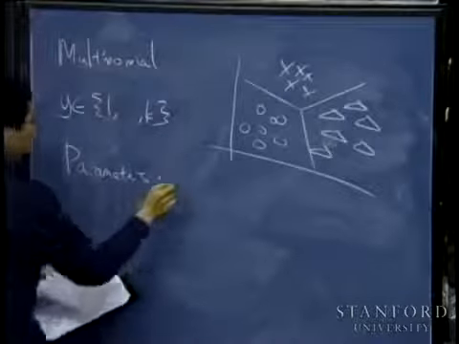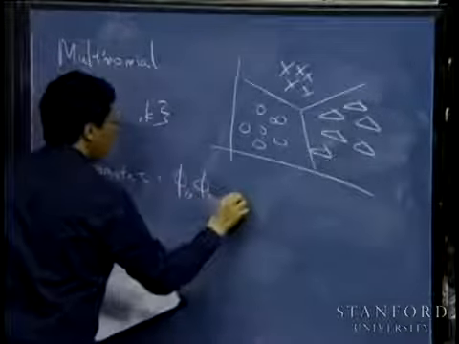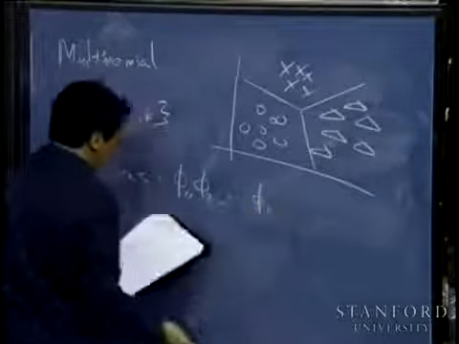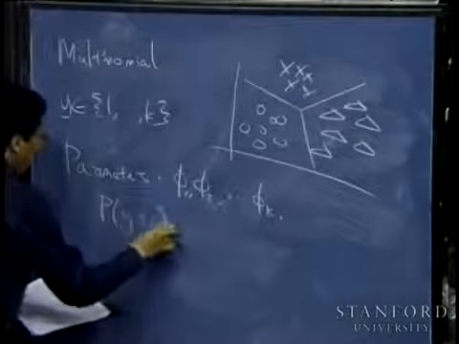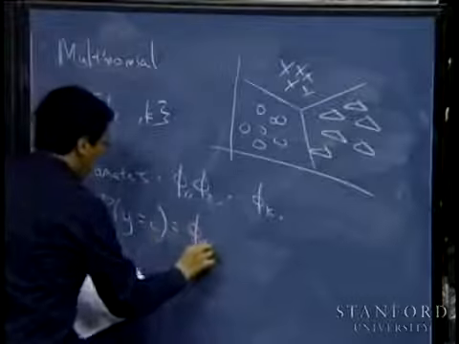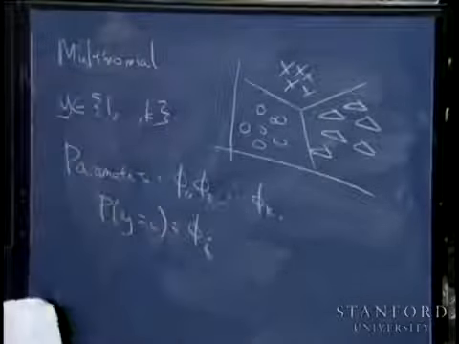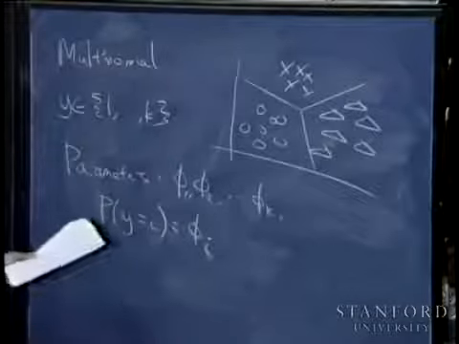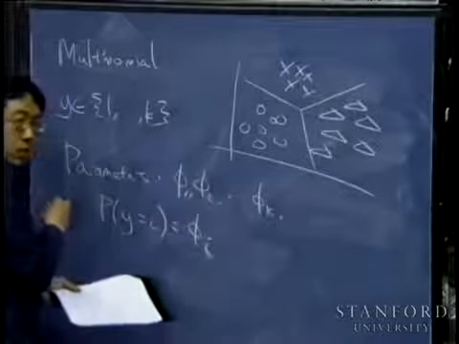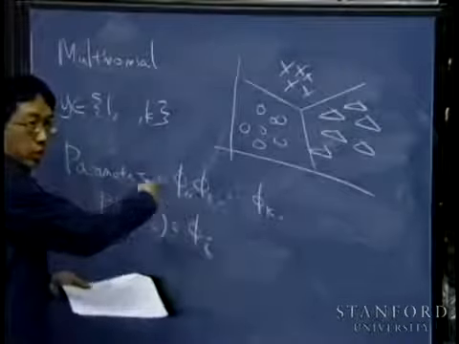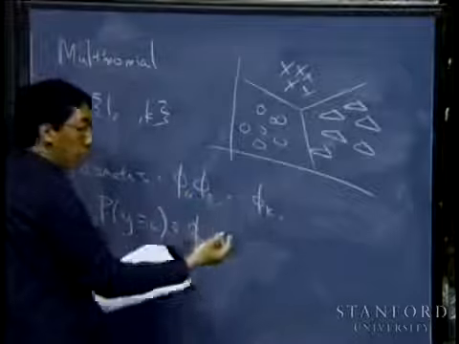So the parameters of a multinomial are phi 1, phi 2, up to phi k. I'll actually change this in a second. Where the probability of y equals i is phi i, right? Because there are now k possible outcomes. But if I choose this as my parameterization of the multinomial, then my parameters are actually redundant, because if these are probabilities, then they have to sum up to 1.